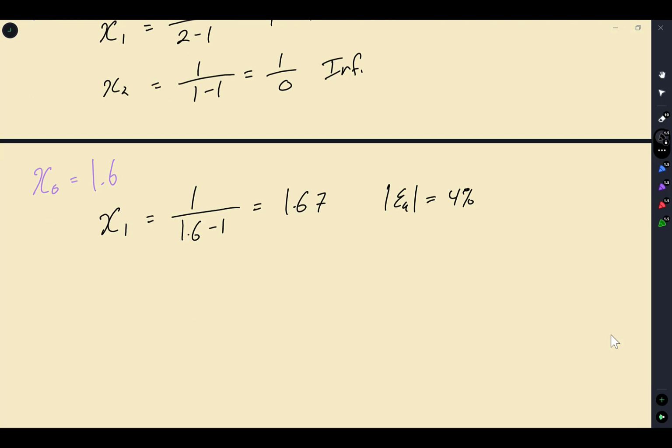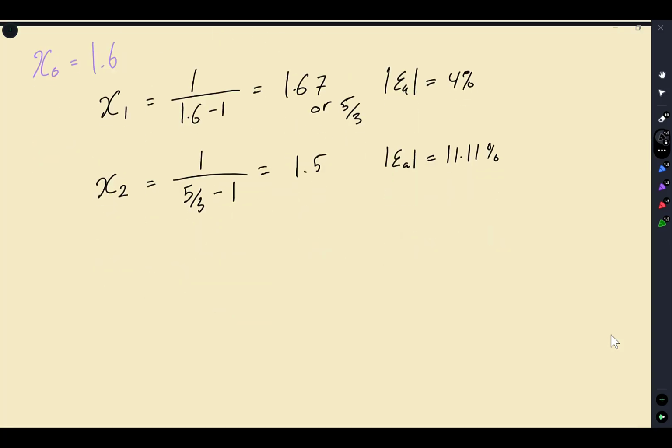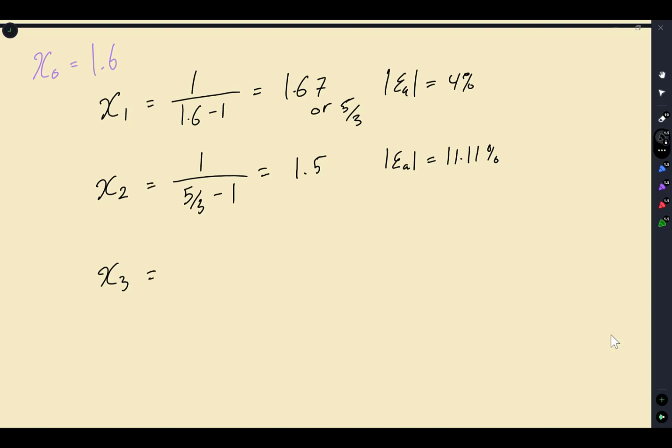This is also the same as 5 over 3. So x2 in this case is 1 divided by 5 over 3 minus 1, which equals 1.5. Do the math for the percent relative error and you get 11.11%. Then we keep going: x3 is going to equal 2, and x4 is going to equal 1.